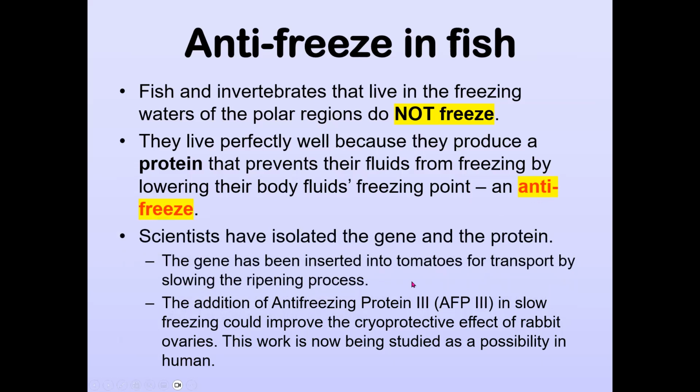This gene has been inserted into tomatoes for transportation by slowing down the ripening process, because with tomatoes, once you pick them, they start to deteriorate. They ripen, but they ripen fairly quickly. So by putting an antifreeze in, you can keep the tomato in a refrigerated truck, but they won't freeze. And they get to the supermarkets and the markets and whatnot.